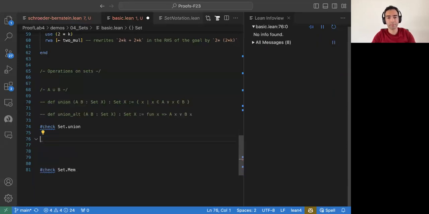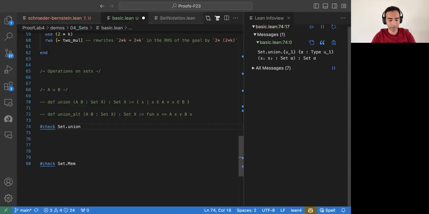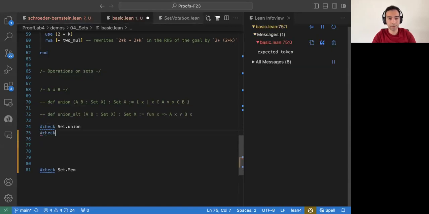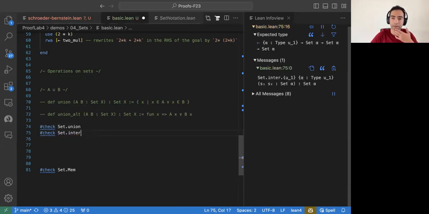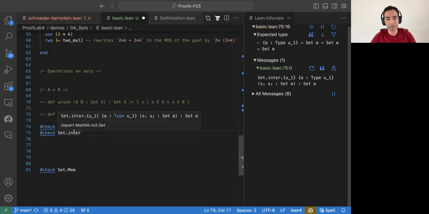At any rate, there is this notion of set union, and then there's this notion of set intersection. Is it like this? Apparently not. I think it's just inter. So this takes the intersection of two sets. And actually, we can inspect how it's defined.